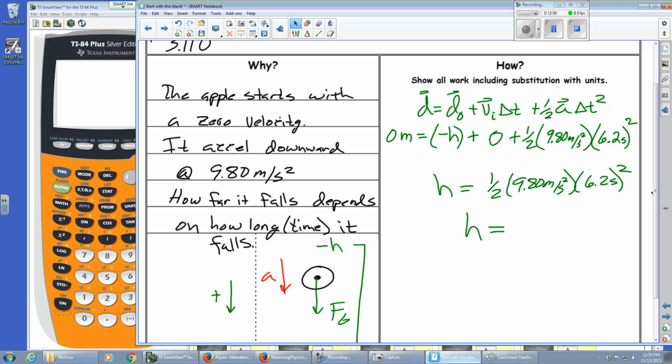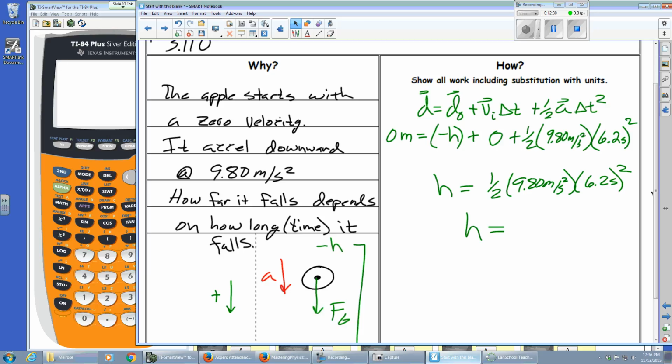Yeah, Jack. Because I looked at my equation sheet, and it was the only one that involved time and distance and acceleration. And I looked at it and said, that means where I end up is where I start, plus how far I traveled because I was moving when I started, plus how far I traveled because I accelerated during that time.